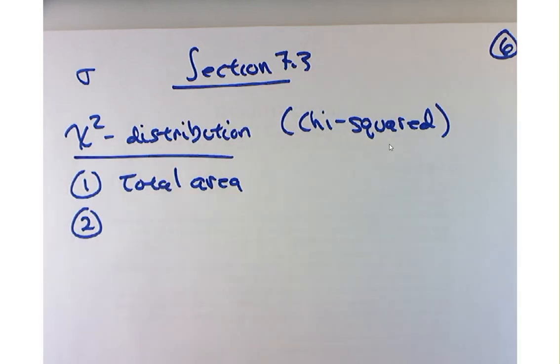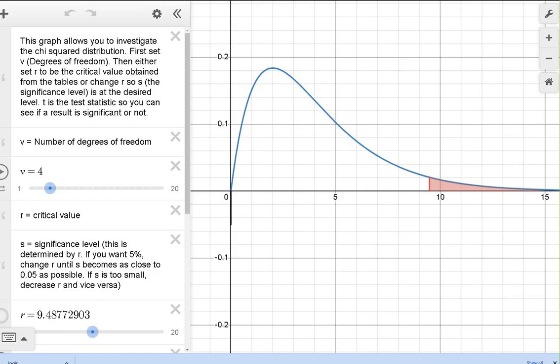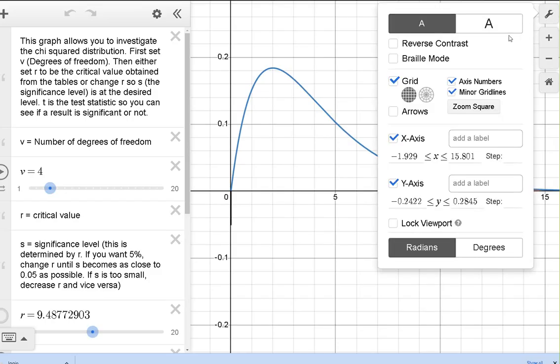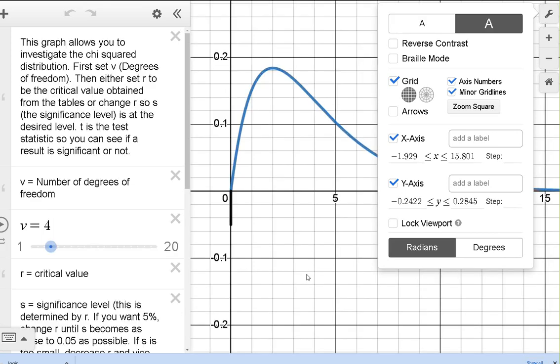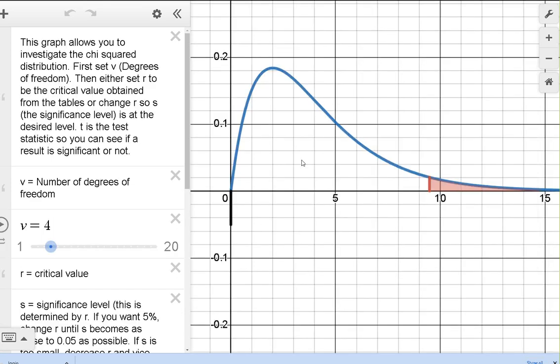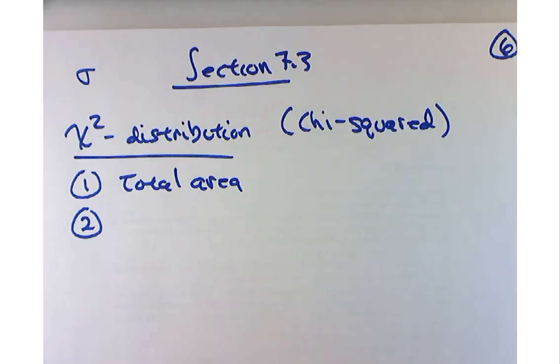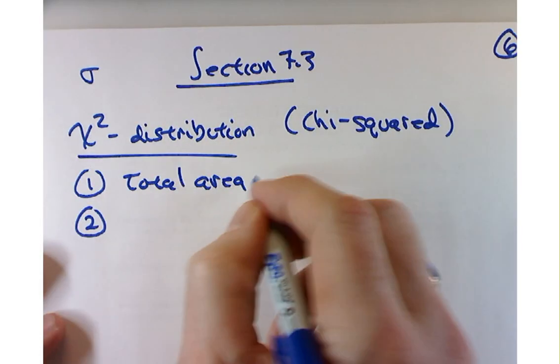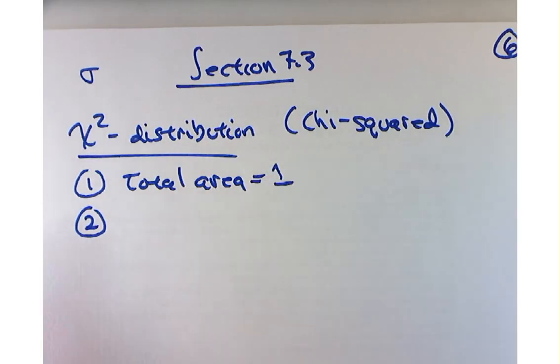So, okay, great. Just like all distributions, what's the total area underneath the distribution? 1. So here's a look at the chi-square distribution. The total area equals 1. So that's the only thing it's really going to have in common with our previous distributions, the normal distribution and the t distribution.